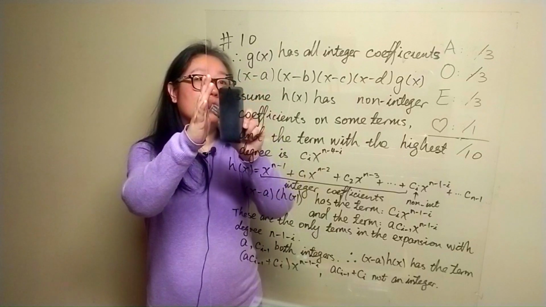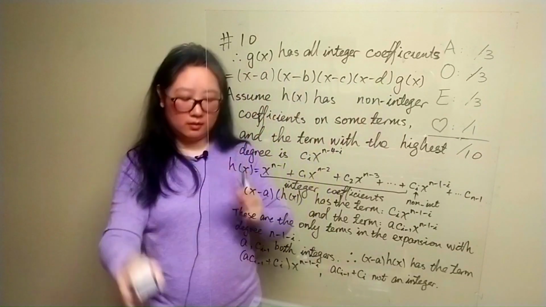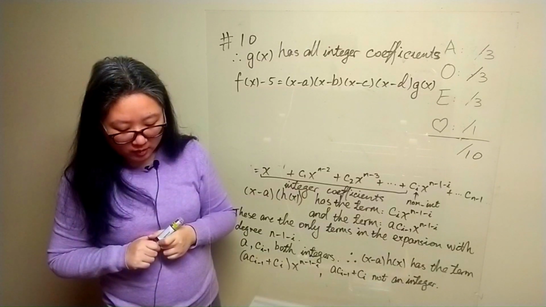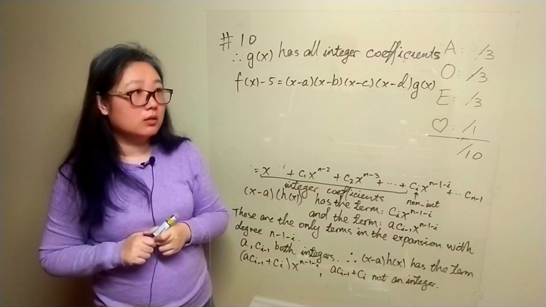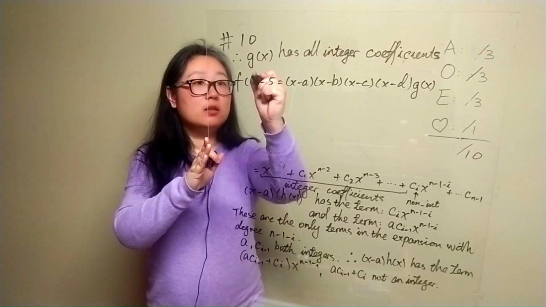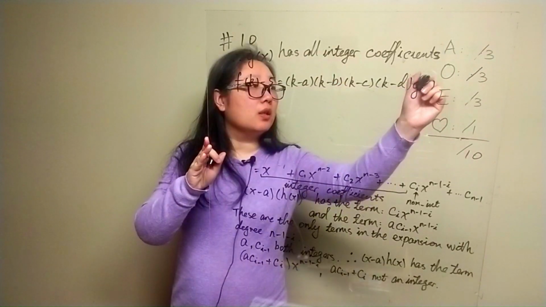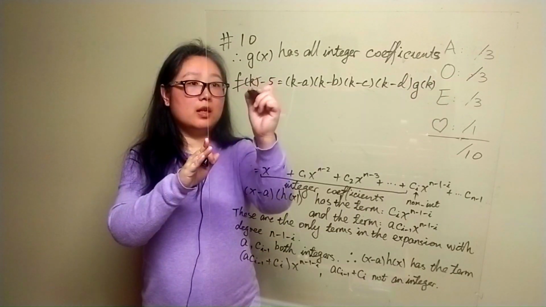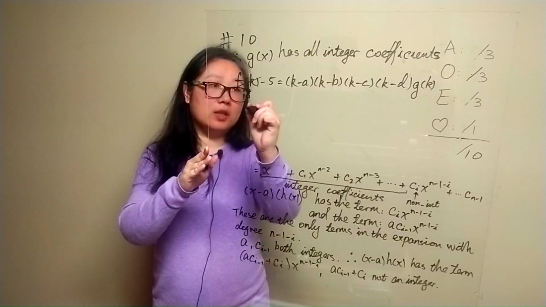So we have that conclusion, and we have this. Let's rewrite this. I don't have space. There's no integer k such that it's going to be equal to 8. When we plug in k here, this is going to be 8. 8 minus 5, so 3.